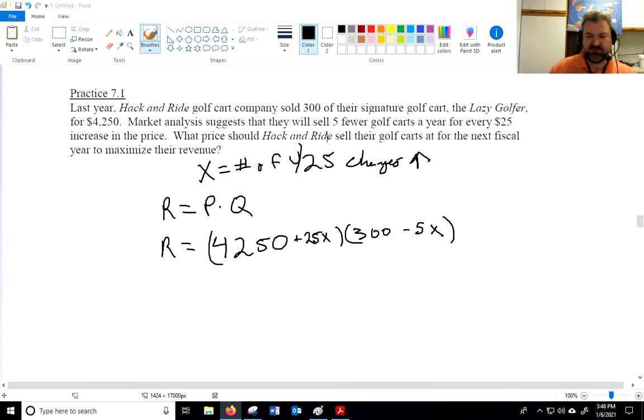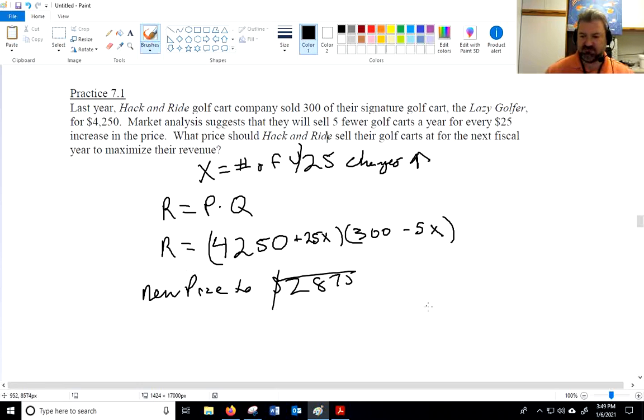So we need to change the price. We need to change the price to $2,875. I get that because the vertex, let me draw that over here.